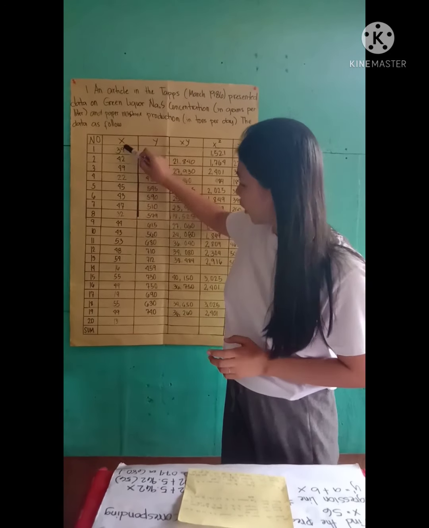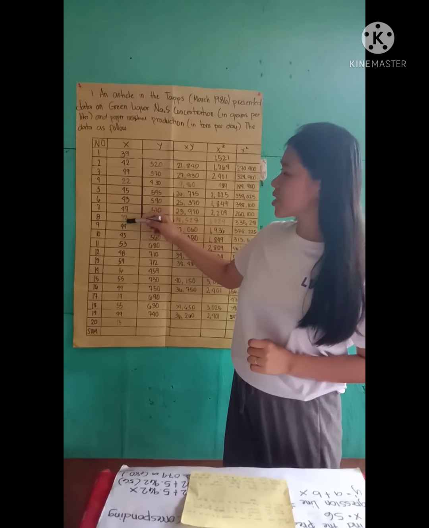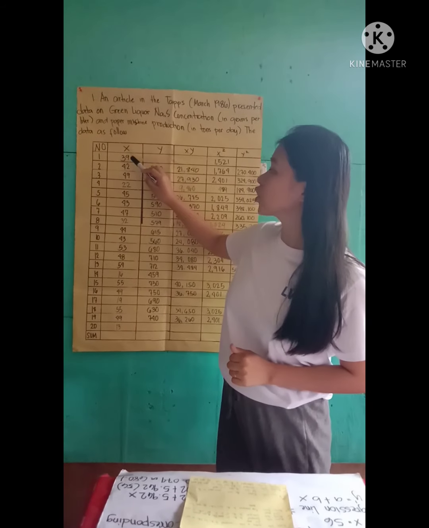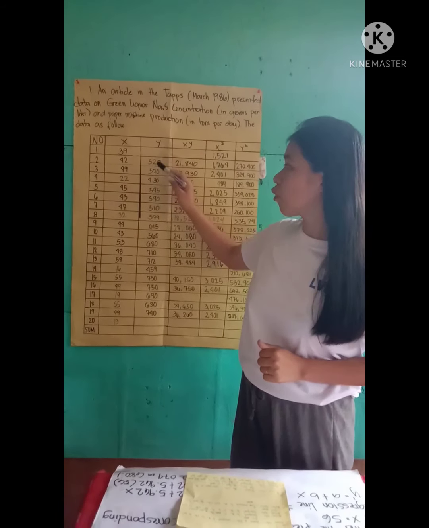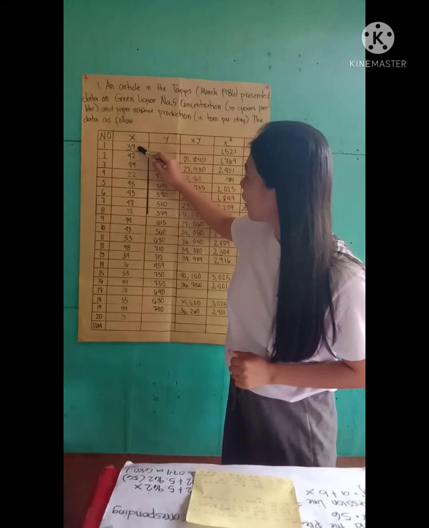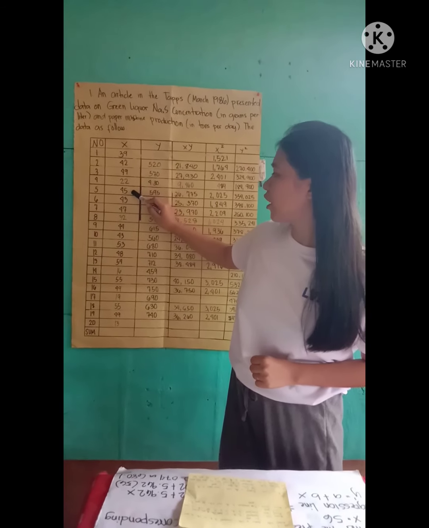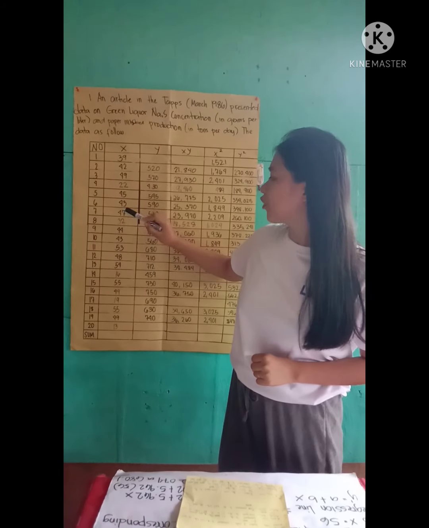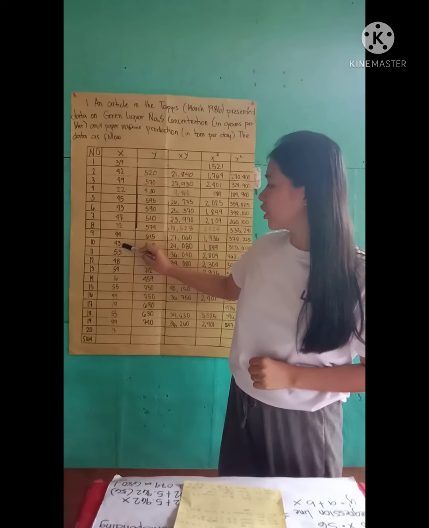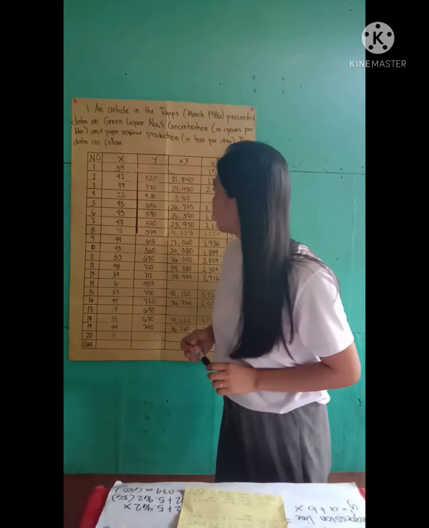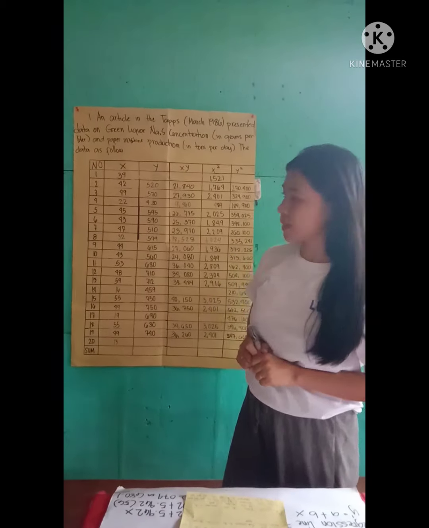So 39 plus 42 plus 49 plus 22 plus 45 plus 43 plus 47 plus 32 plus 44 plus 43 is equal to 406.